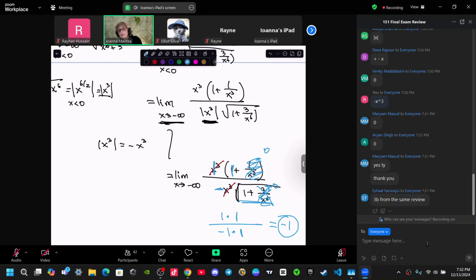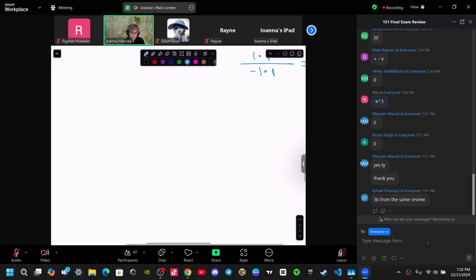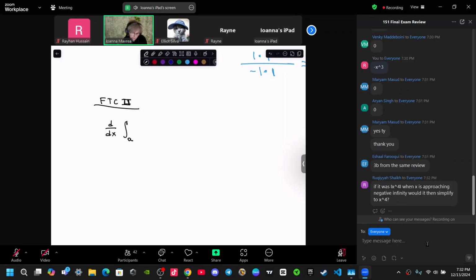3b. Okay, yeah, so 3b is also a standard problem. The fundamental theorem of calculus, part 2, the book says, and Thomas says part 1. Whatever. So the fundamental theorem of calculus, part 2, says this, and this can be any variable that's not x.